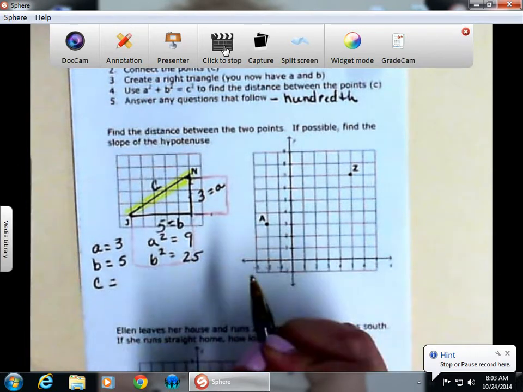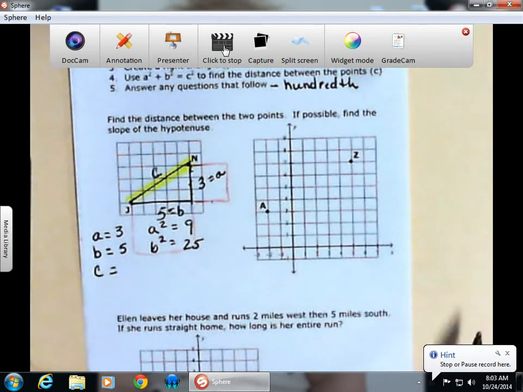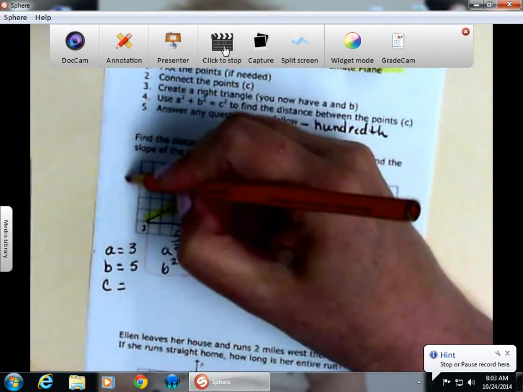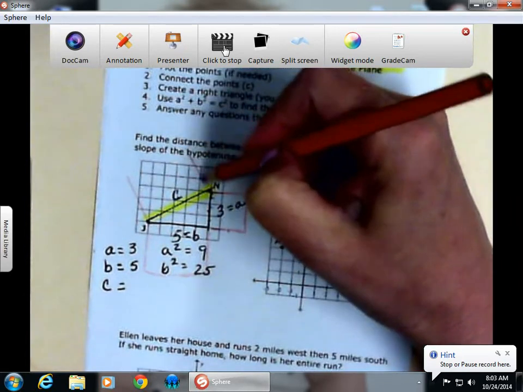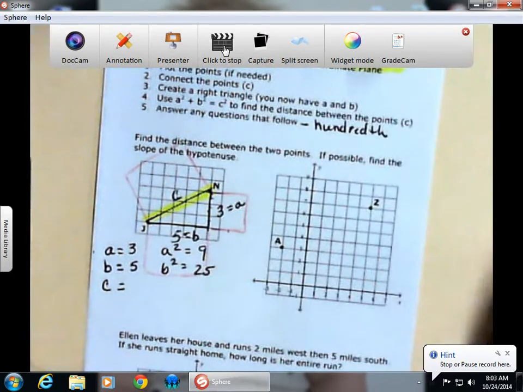Now we need to solve for our C squared. Remember, our C squared is what C is times C. And we can use the Pythagorean theorem to work that out.